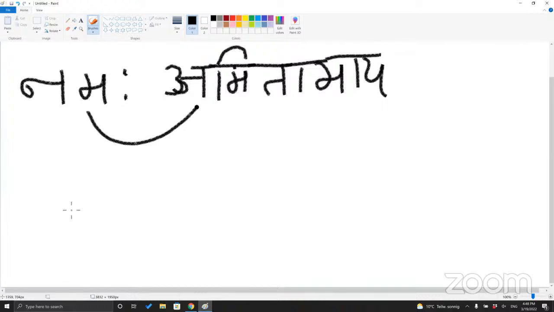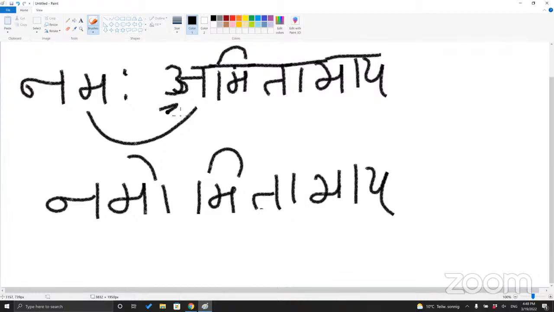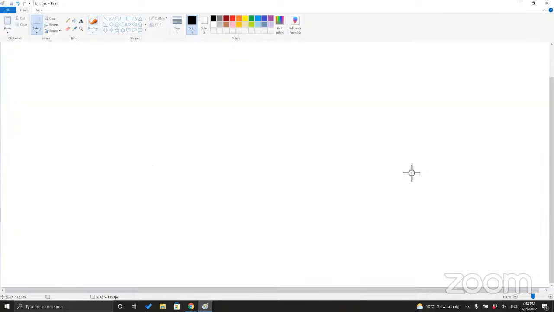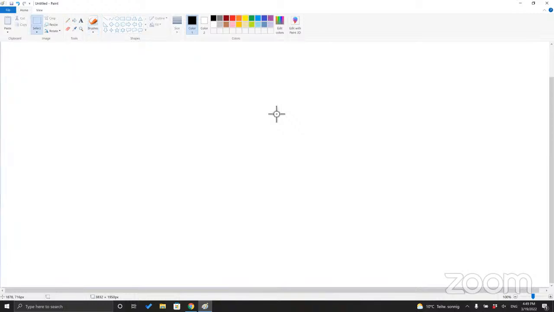When you combine this, it becomes Namo, to show that there was an A, but it's not there anymore. We use an avagraha to show that A just disappeared during Sandhi. That's called the avagraha. In Grantha, you either write it like this or like this. You find it in both forms.